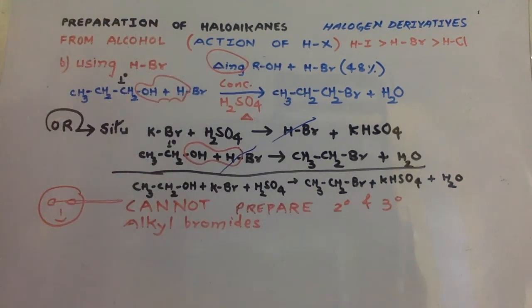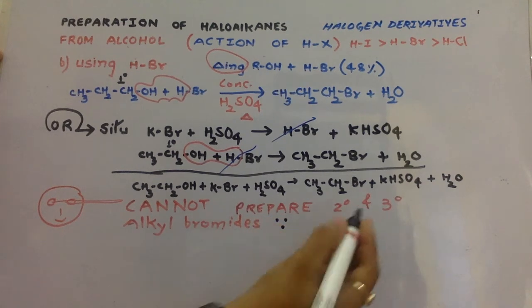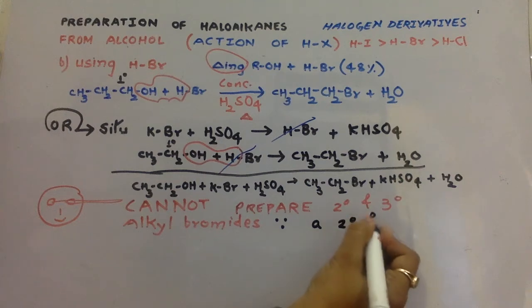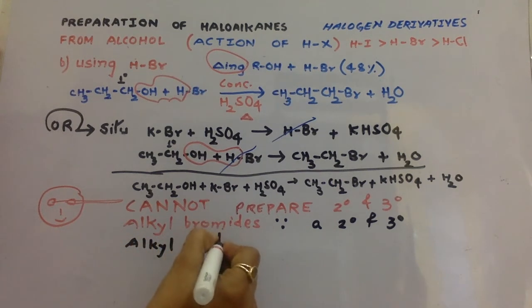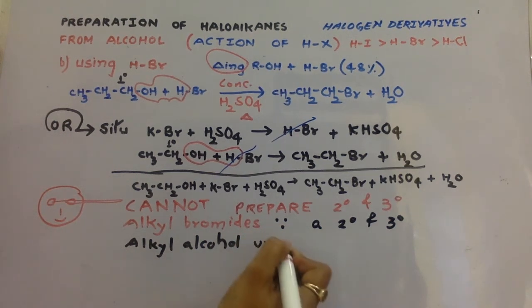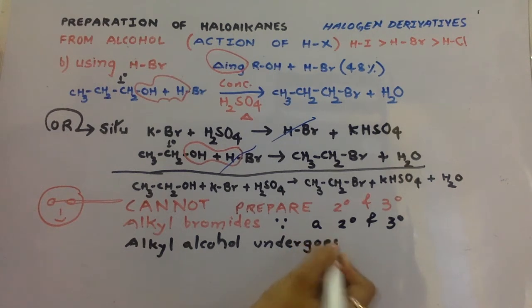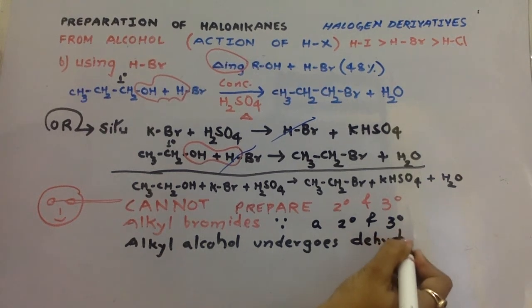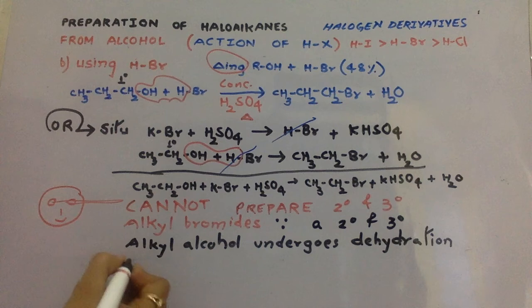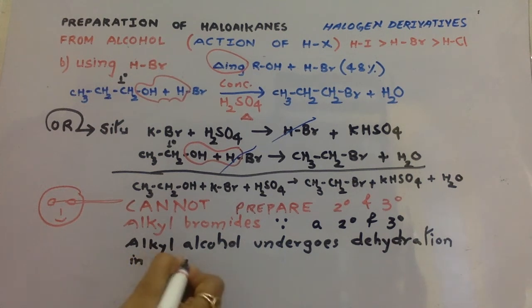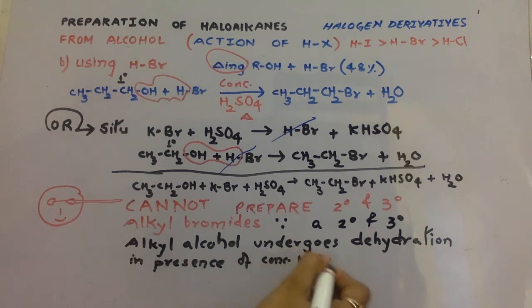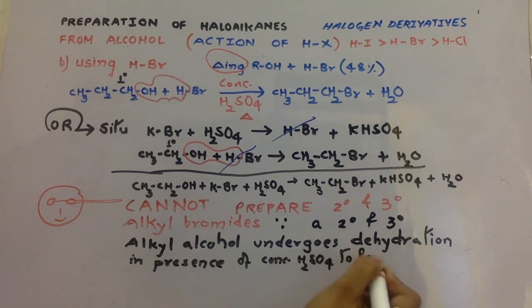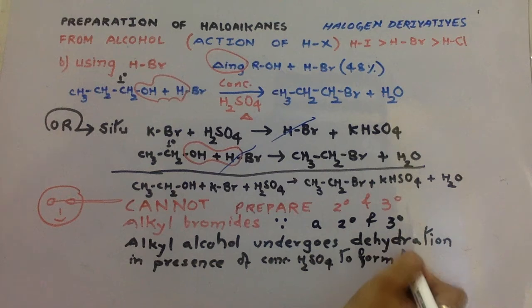We cannot prepare 2 degree 3 degree alkyl bromide because a 2 degree and a 3 degree alkyl alcohol undergoes dehydration in presence of concentrated H2SO4 to form alkenes.